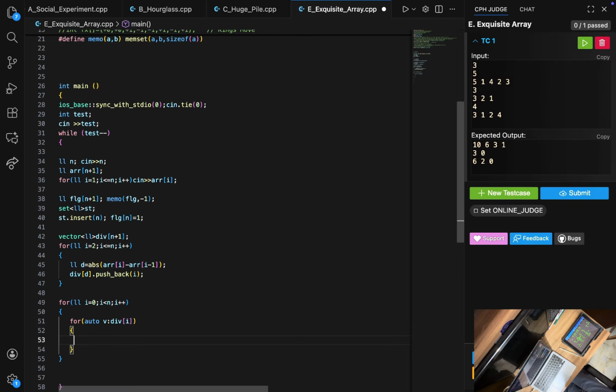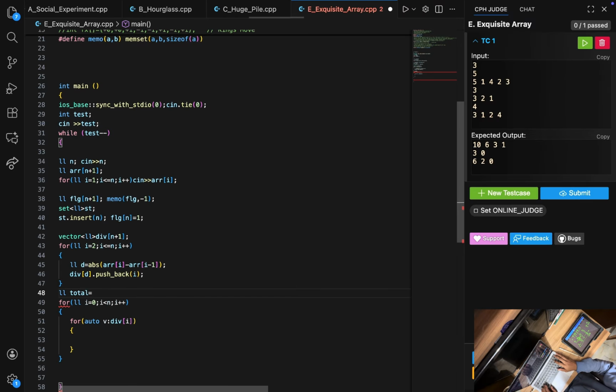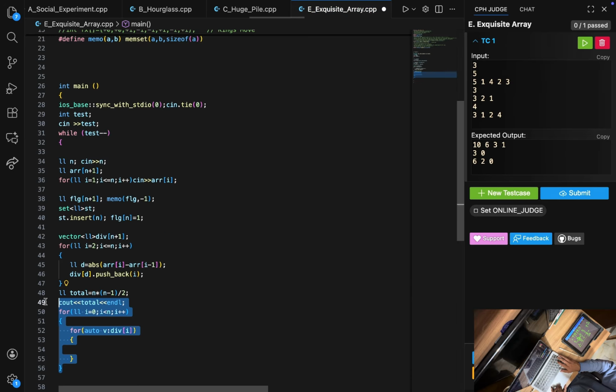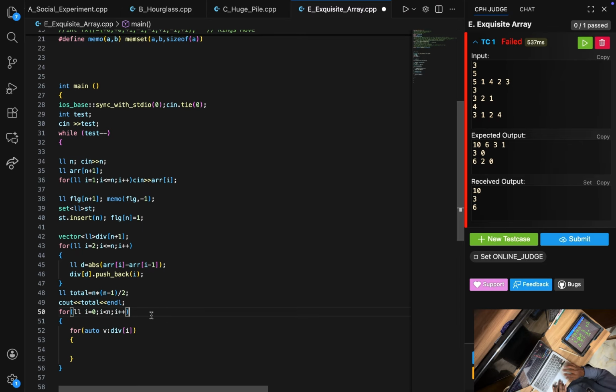I'll find the total equal to. I'll find the range.